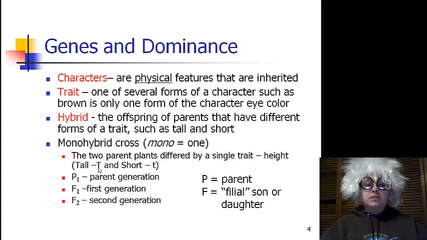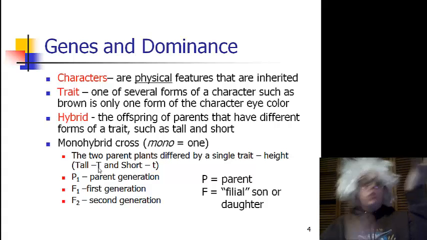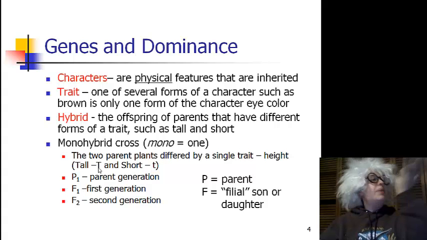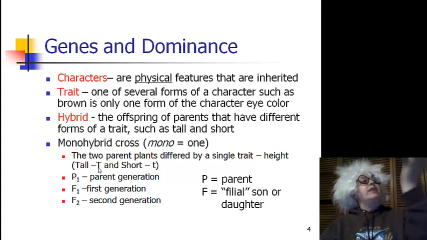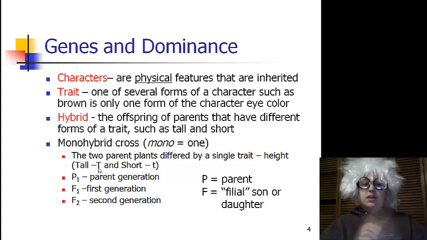So a monohybrid cross. Mono means one, so we're looking at one character. Now this character could have multiple different traits. Most of the time we look at the ones that have two traits. It's either going to have a dominant trait or a recessive trait. A dominant one that is always going to be there, or a recessive one that's sometimes there.